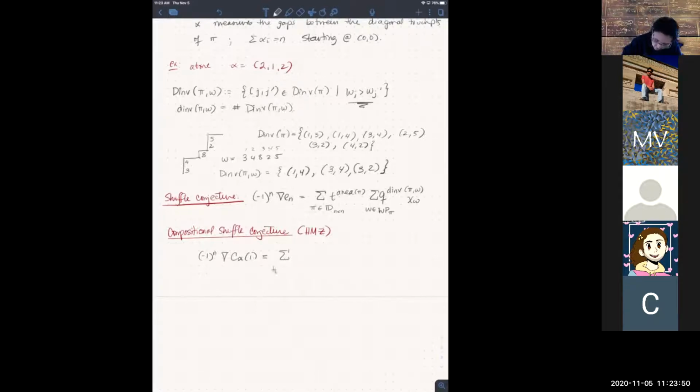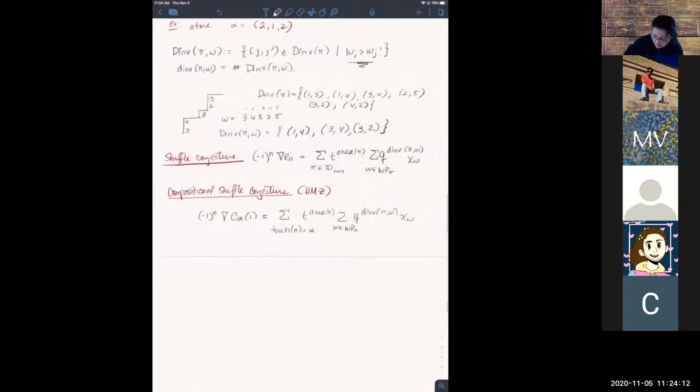Right? So we're going to sum over Dyck paths whose touch sequence is equal to alpha. And then the rest of the sum is essentially the same. So this is area of pi. And this is, again, we're still summing over word parking functions. Q to the dinv of pi, w, x^w, right?